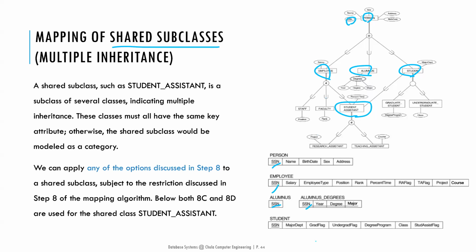For the alumnus degree, you have SSN, year, degree, and major all together. And then you have student, with student assistant flag, class, and degree program, which came from all of the attributes that belong to them, right?